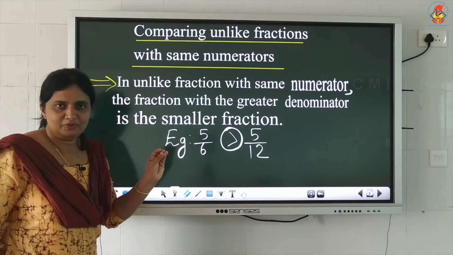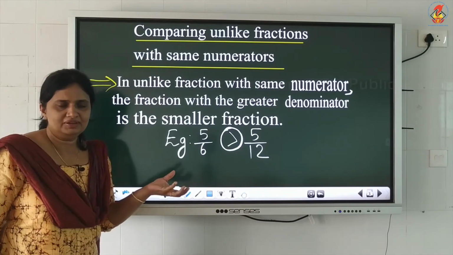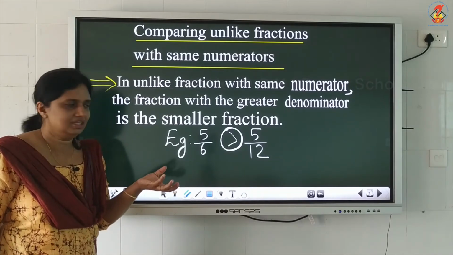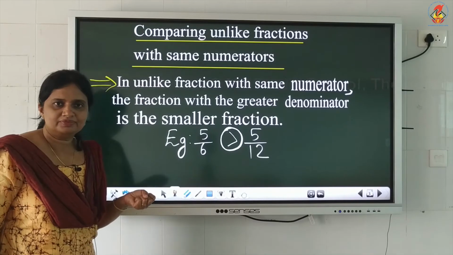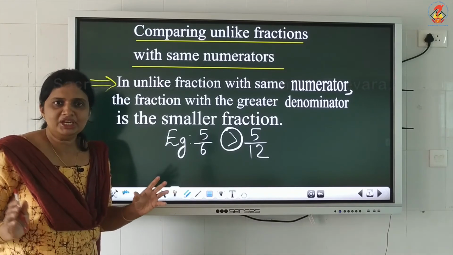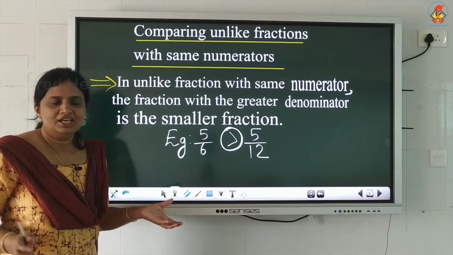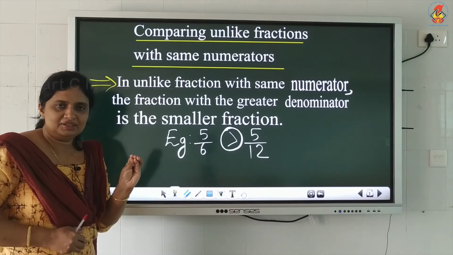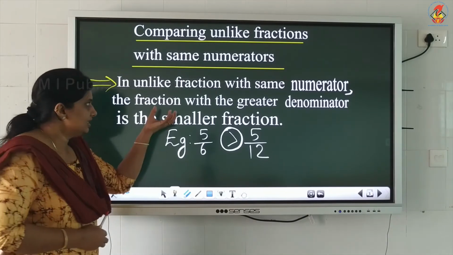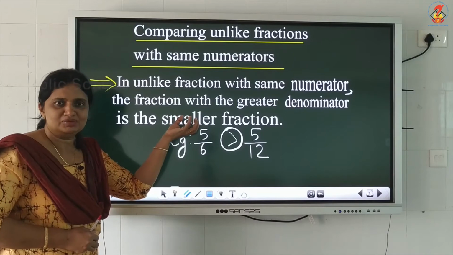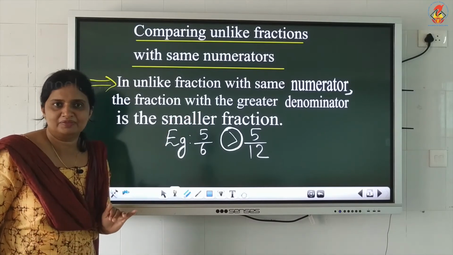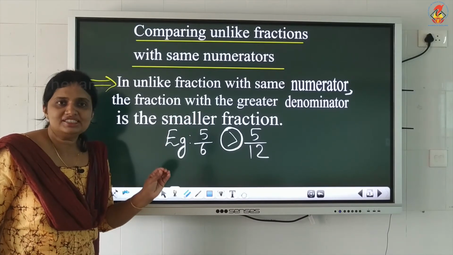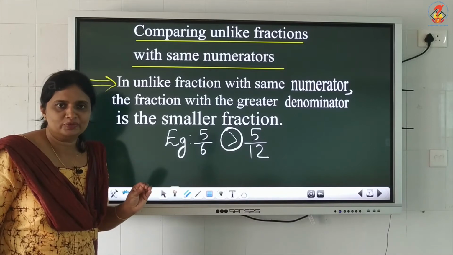In unlike fractions, all the denominators are different, right? But in unlike fractions, one special case comes, that is, numerators are the same. If the numerators are the same, what do we want to do?